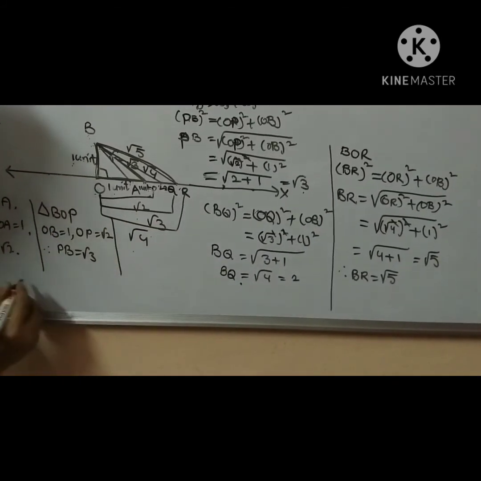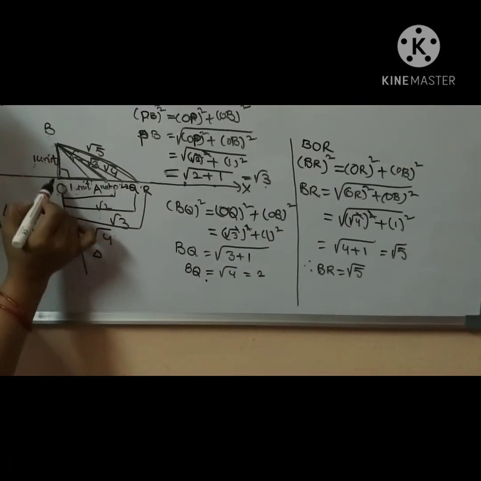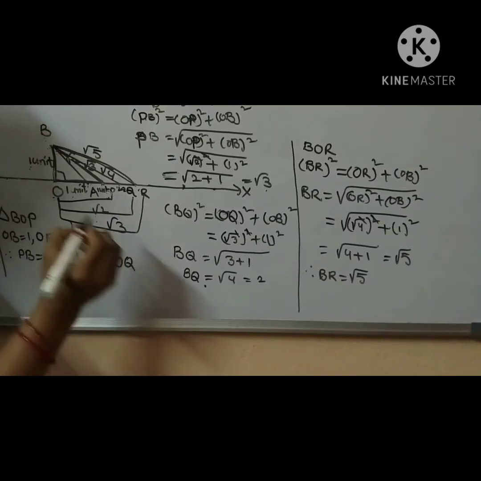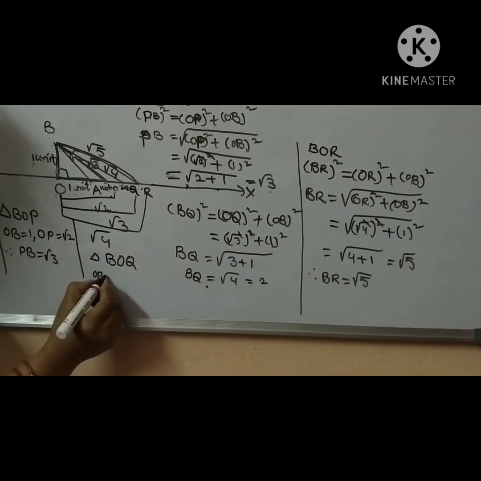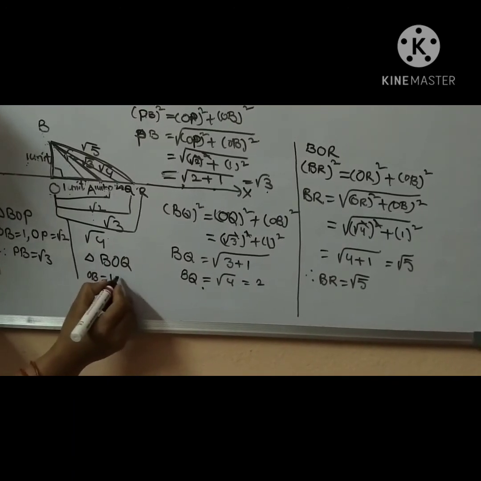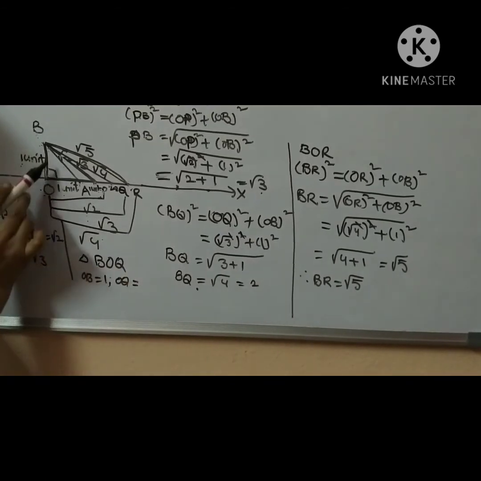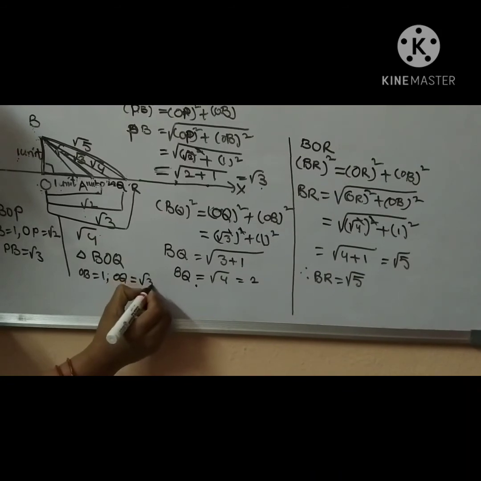Remaining next one, triangle BOQ. Right angle triangle BOQ. So here OB equal to 1 unit and OQ equal to PB. What is the PB? Distance root 3.